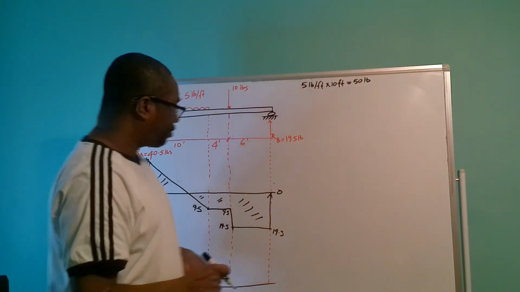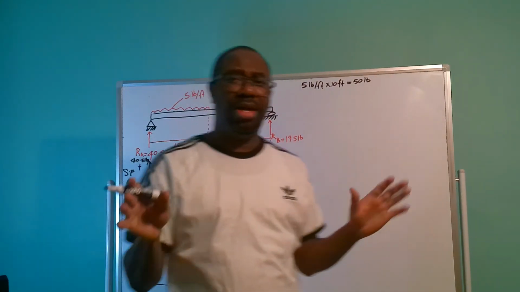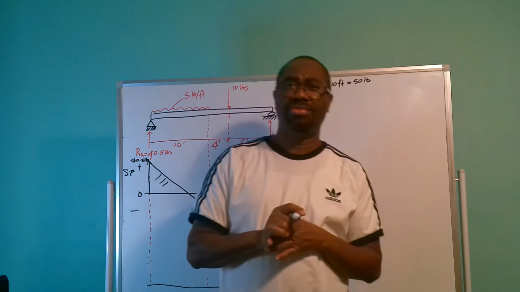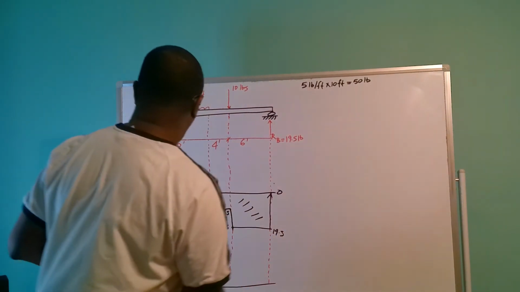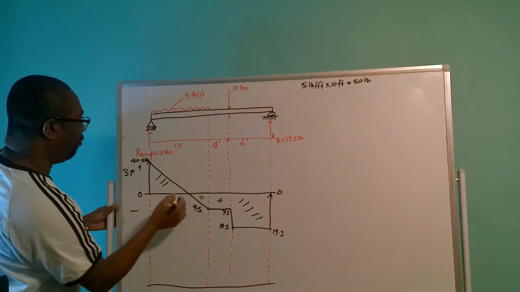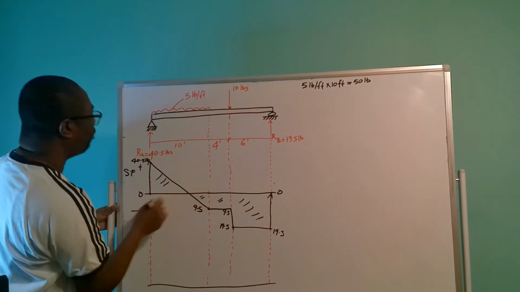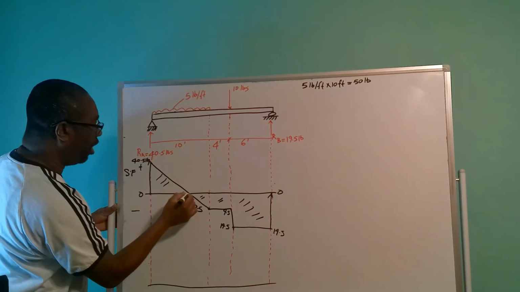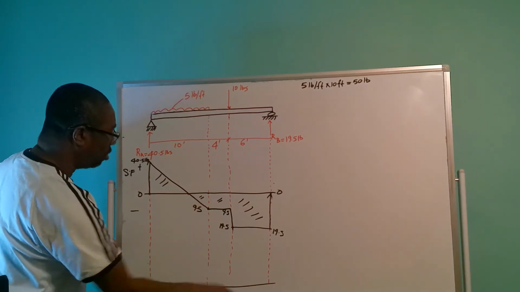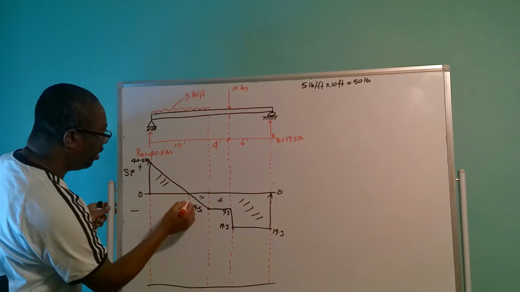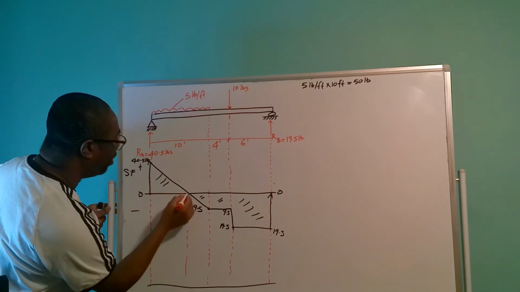But to plot the bending moments diagram, even though we know that from this point to this point is 10 feet, we do not know the distance for this point here.